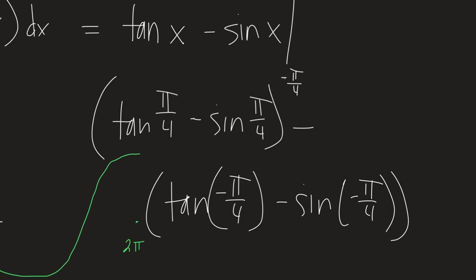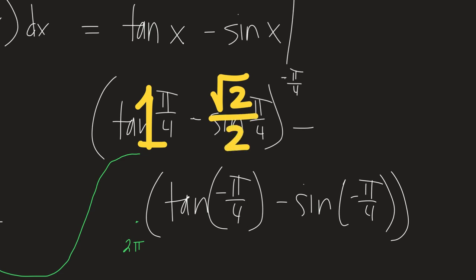So let's talk about what is the tangent at pi over 4. Hopefully you know that is positive 1. And the sine at pi over 4, hopefully you know, is root 2 over 2. So we have 1 minus root 2 over 2. And then minus the tangent at negative pi over 4.